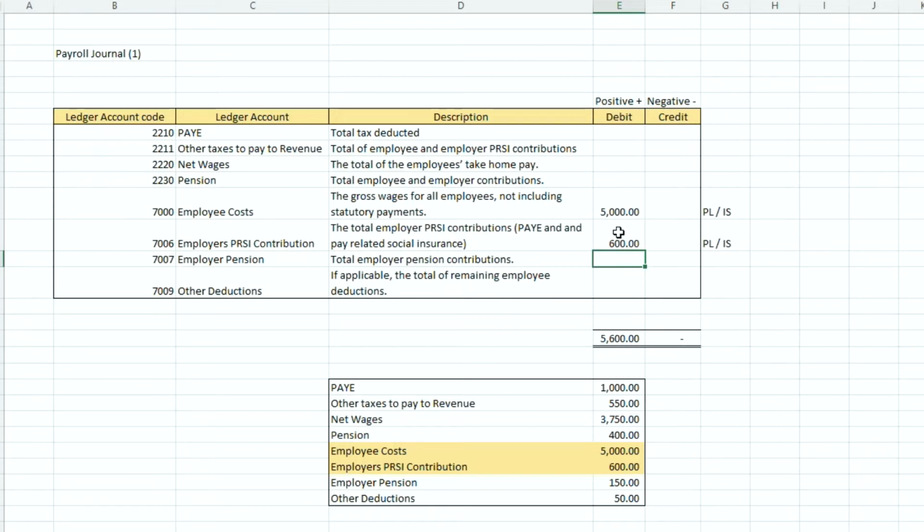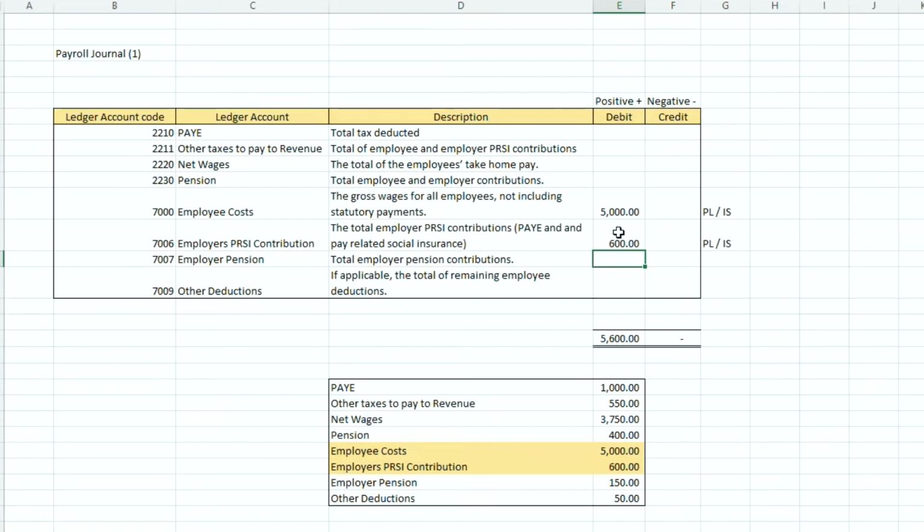If you think about employer's pension, two things need to happen. We need to record the cost to the employer, and we also need to record the amount that's a liability to the pension provider. So say if you've got your pension with Nest or it's with Scottish Widows or somebody else, then we need to show it as a liability until it's been paid.